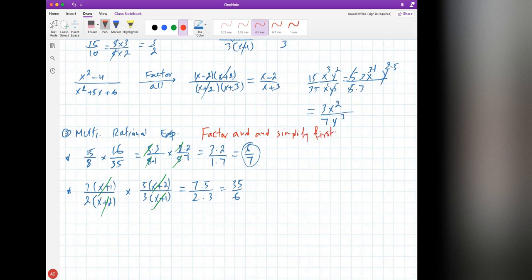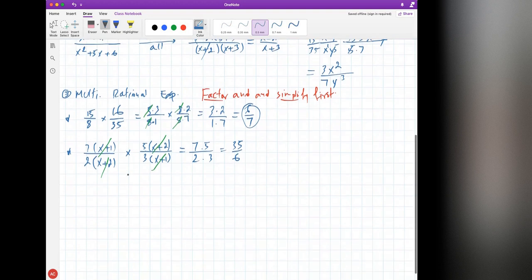That's very important. So we get a factor and simplify. Let's see another problem. So let's say you have 3x plus or minus 6. We want to multiply this by maybe x squared minus x minus 6, and some other polynomial.